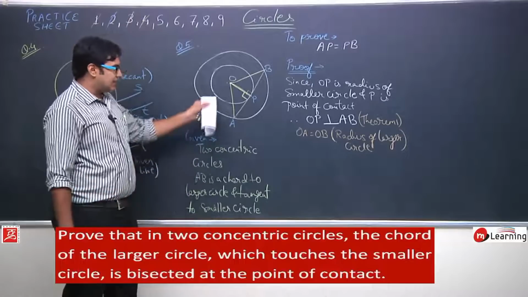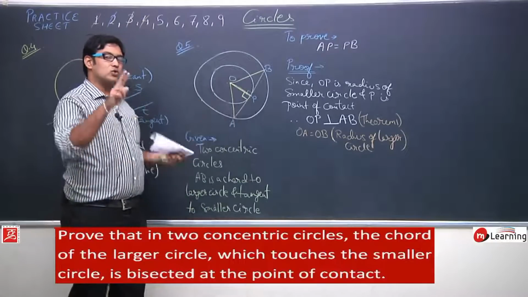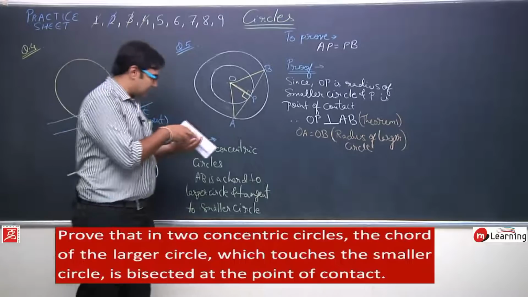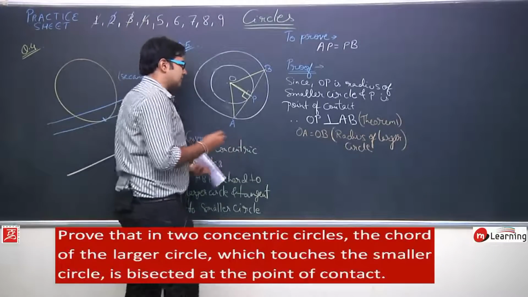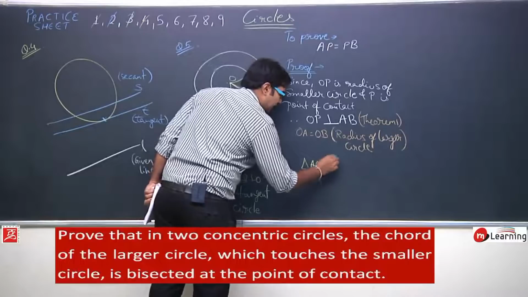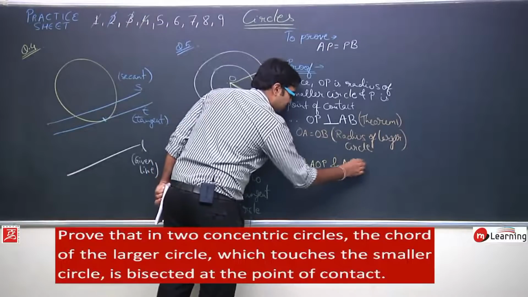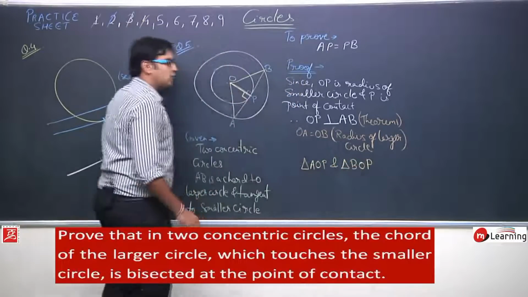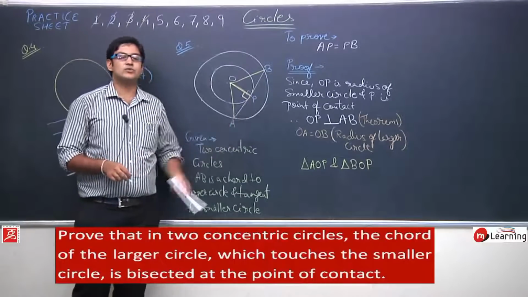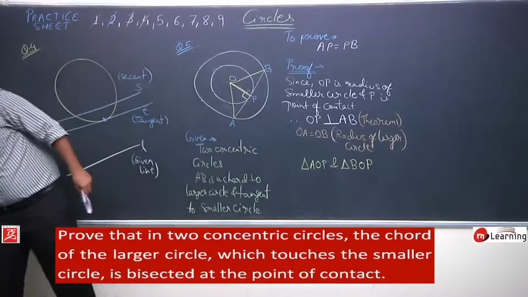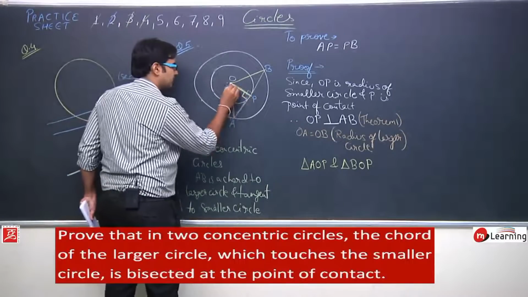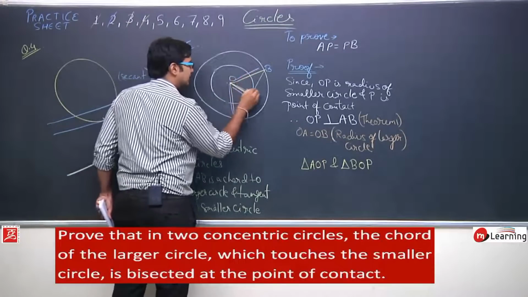You can see that here you can observe two triangles. You can very clearly observe two triangles. The triangle AOP and triangle BOP, the two triangles that you can observe in the figure. Let us mark the two triangles. This is the first triangle and this is the second triangle.